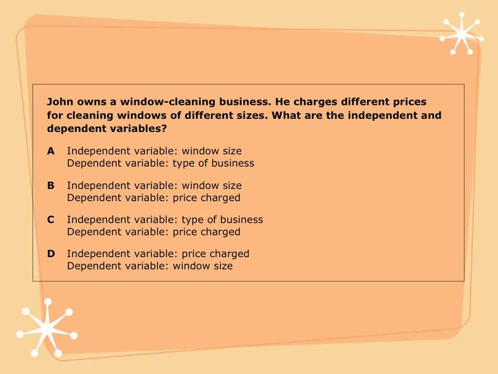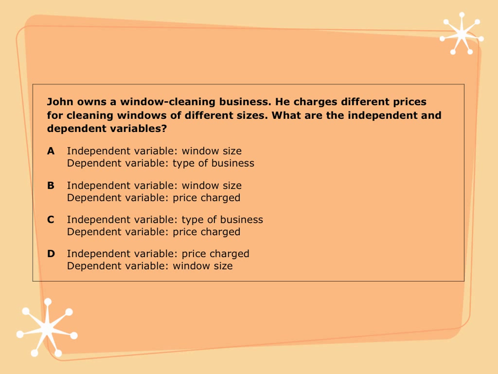Now, if you think about it, he charges different prices for cleaning windows of different sizes. If you went up to John and you asked him, how much would you charge to clean my window? He would probably say, well, it depends on how large it is. So depends would be dependent.